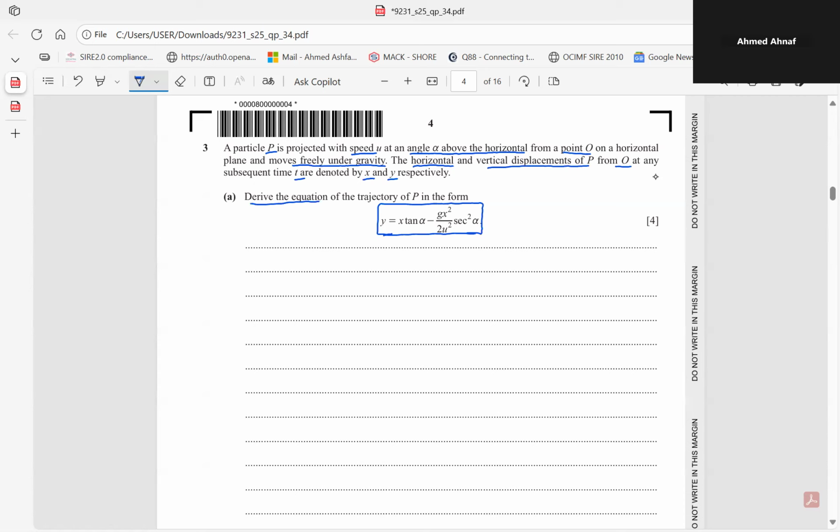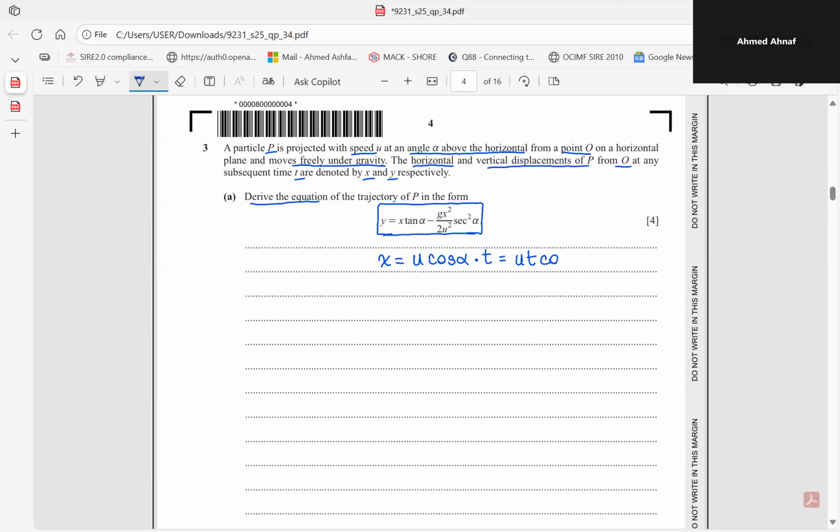So x is the horizontal displacement, and you have to know that the horizontal component of the speed of the particle never changes because the only force acting on it is its weight, which is acting vertically. There's no force acting horizontally, okay? So the speed will always remain constant. So the speed is just u cosine alpha, and then obviously we have to multiply it by t. So x is equal to ut cosine alpha.